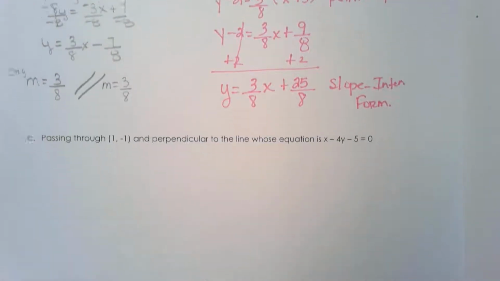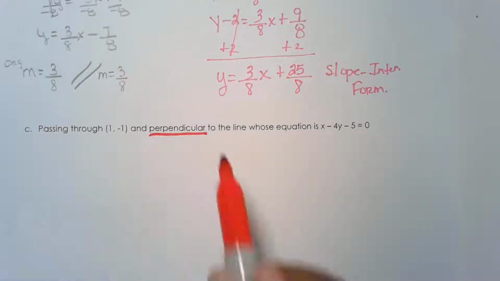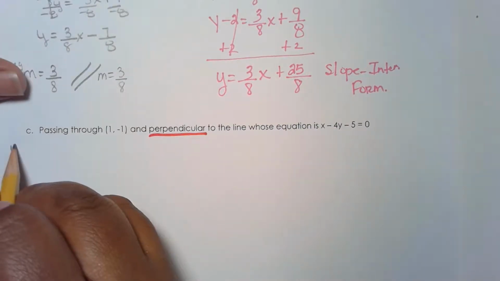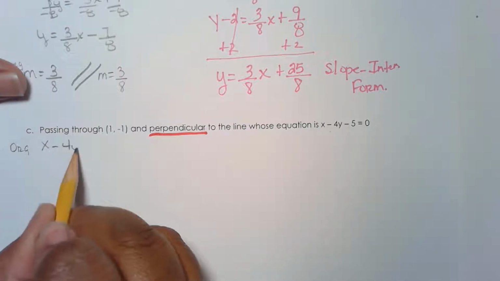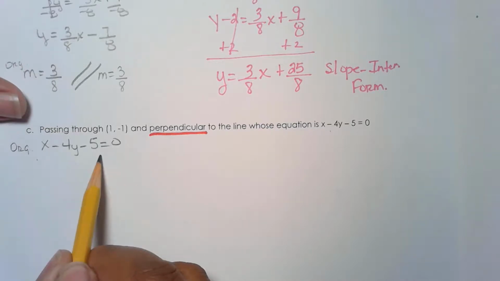Last example. Here's the condition: passing through 1, -1, perpendicular to the line whose equation is x minus 4y minus 5 equals 0. So we need to find the original equation's slope. I'm going to subtract x from both sides and then add 5 to both sides.